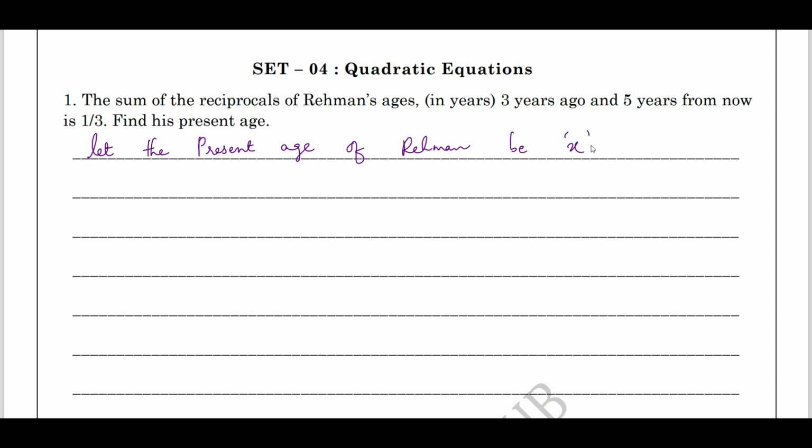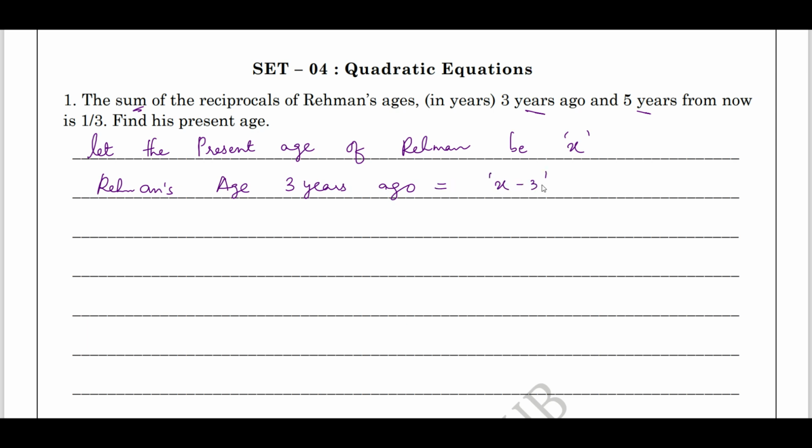What is the present age of Rahman now? It is x. Now they have given the sum of reciprocal of Rahman's age 3 years ago and 5 years from now is 1 by 3. Rahman's age 3 years ago will be x minus 3.